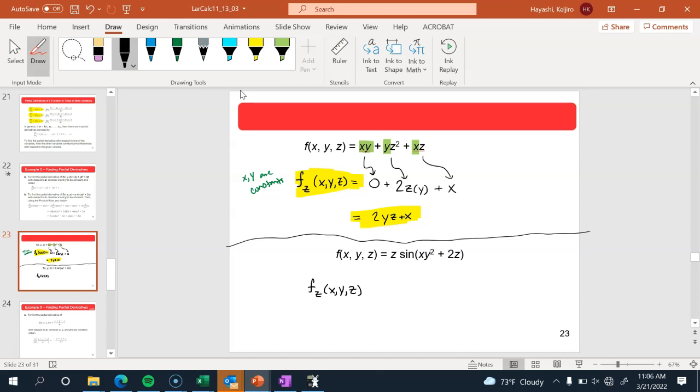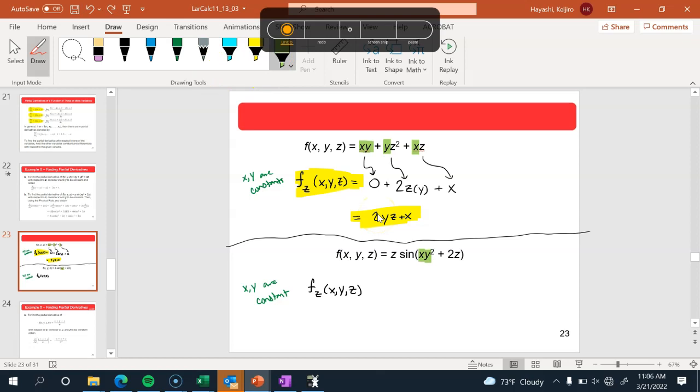That's fine too. But just in this instance, we're looking for the partial derivative with respect to z. So again, x and y are assumed to be constants, which means that this is a constant, this is a constant.